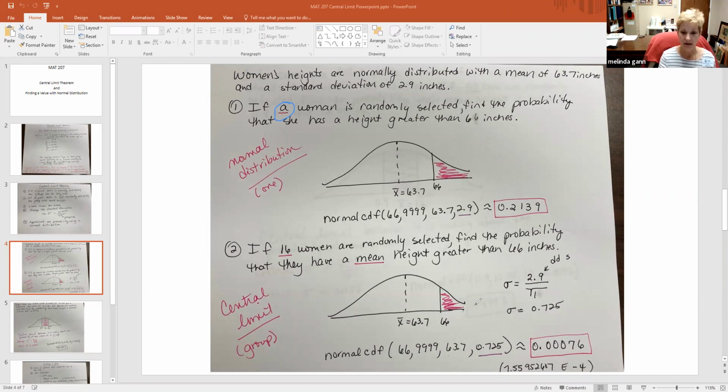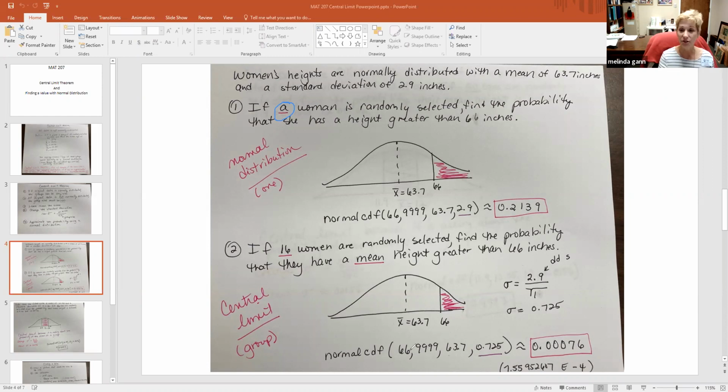But think about it. This is the probability that the average of 16 women is more than 5'6". It's highly unusual. Now remember, the author's definition of unusual is when the probability is less than 0.05, and that number is way less than 0.05. Because think about it.